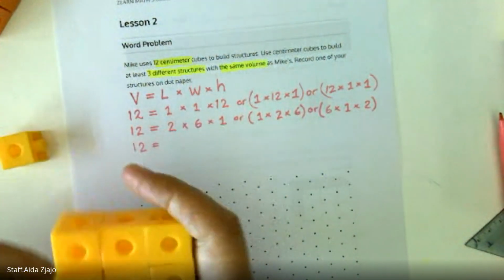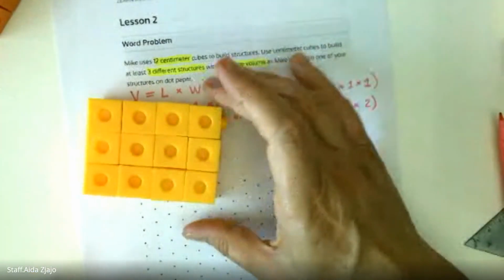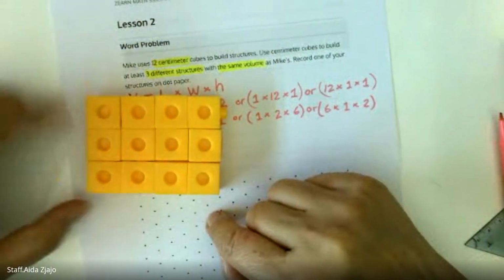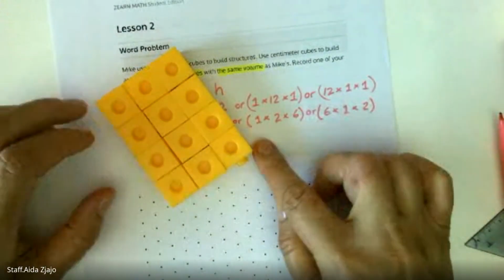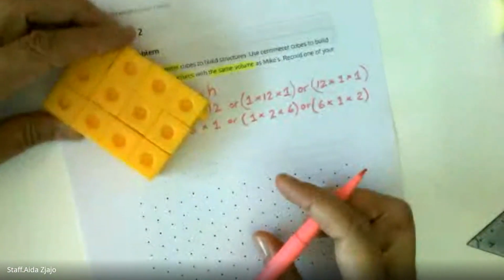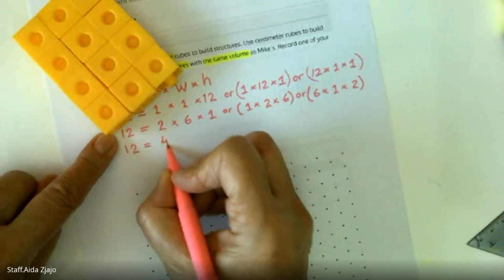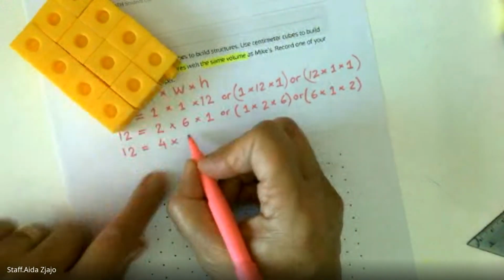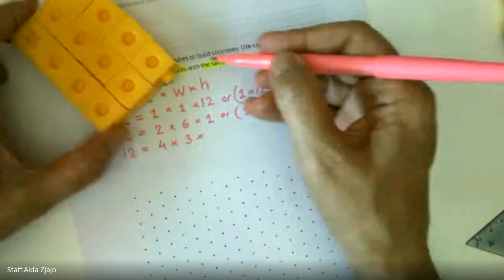That's another way. Here again are 12 units, and this could be 4 by 3 by 1. So if I do it this way, the length is 4, the width is 3, and the height is 1.